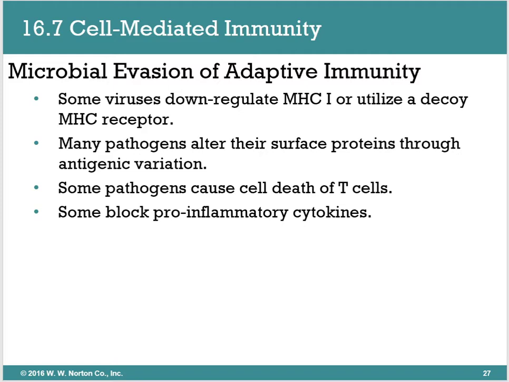And sometimes, like we mentioned, whenever a T cell receptor is bound, you have a signaling cascade. Sometimes that signaling cascade can be interrupted, and that is where pro-inflammatory cytokines are blocked.